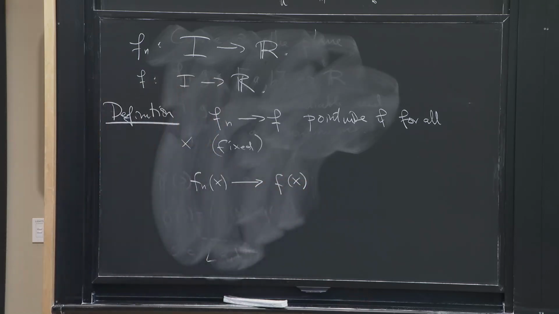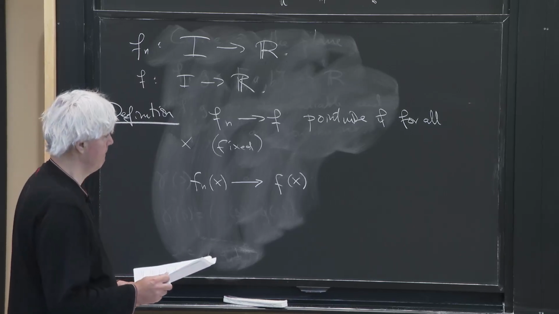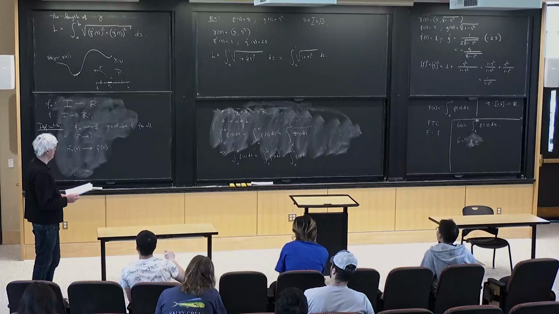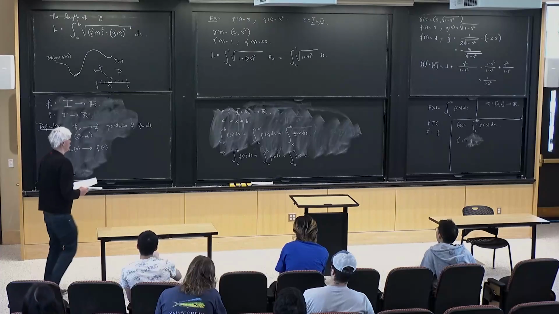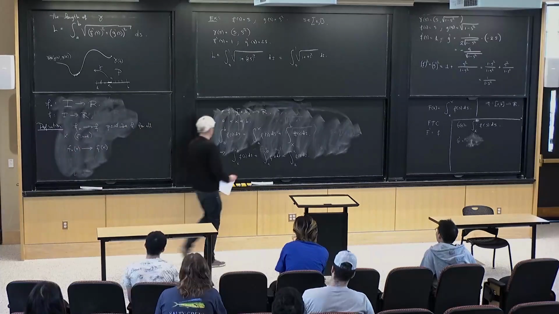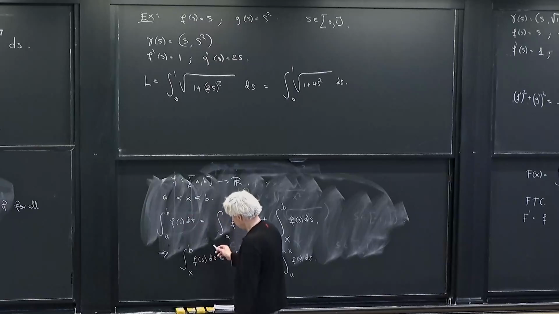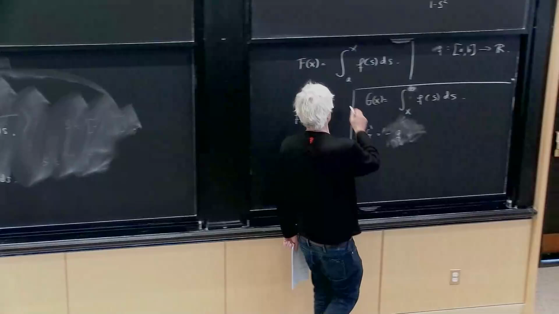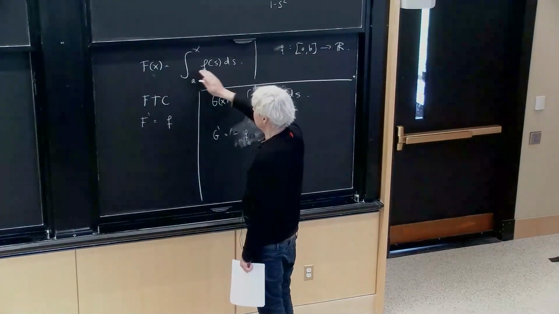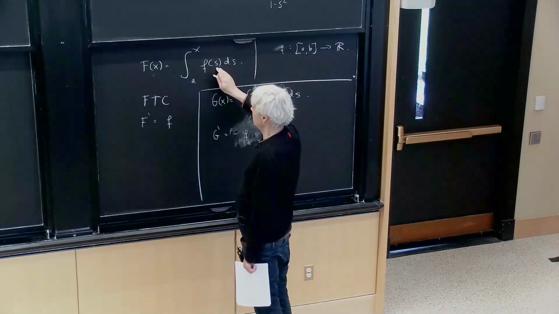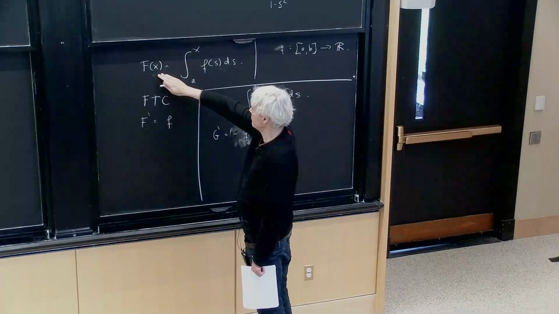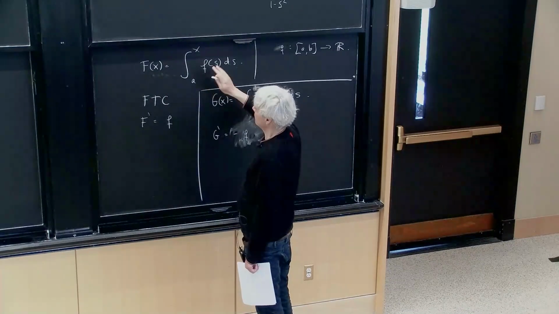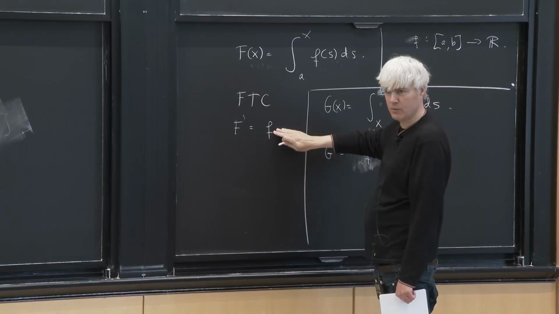Sorry, I had a super quick question about the last thing. How do you know that the integral from a to b of f of s ds is 0? So, no. If you have a function capital F that is given like this, the fundamental theorem of calculus gives you the derivative.